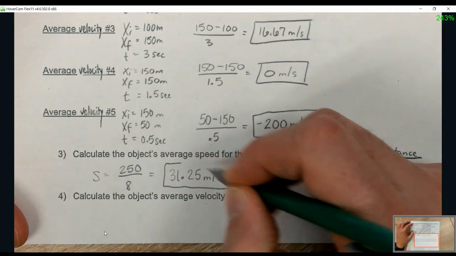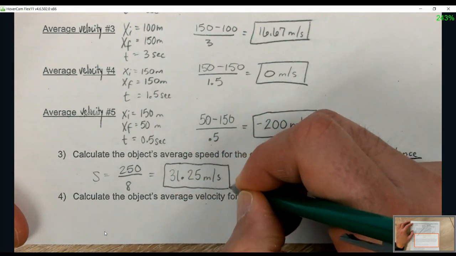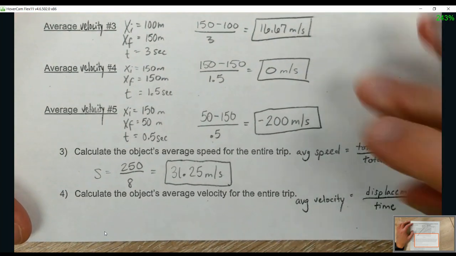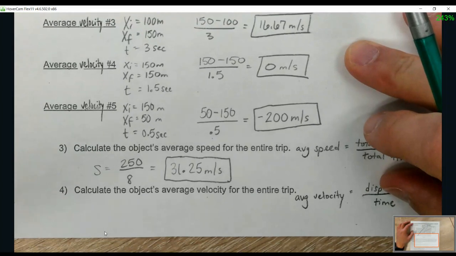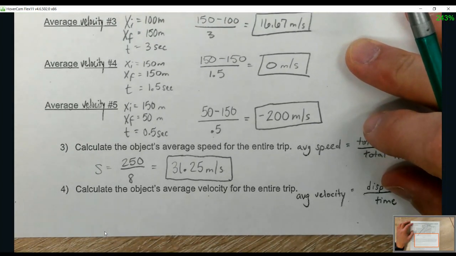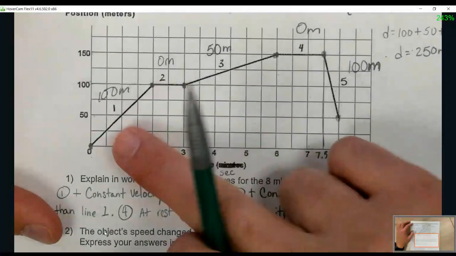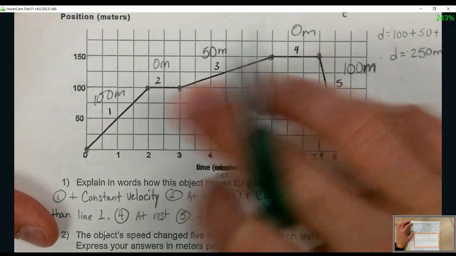So that's how you're going to do it on the assignment tomorrow, on a quiz, when they ask you on a test to figure out the average speed of the whole thing. You're going to need to be able to break down how do I find the distance traveled? Draw them out.